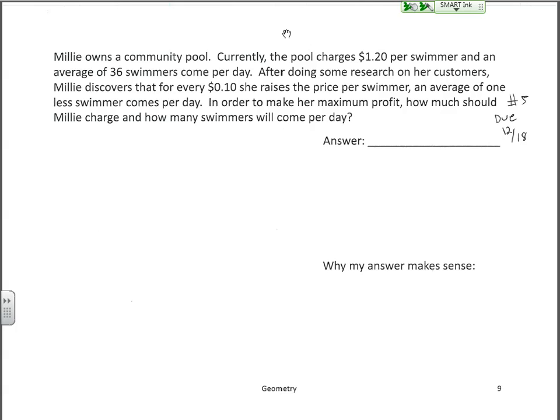All right, this sounds like a great opportunity for a table, right? So we have the price, we have the swimmers, and we have the profit. And I'm going to start, because we are going to be adjusting this, right? I'm going to start kind of down in the middle here.